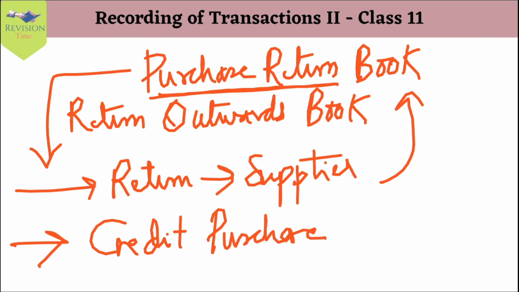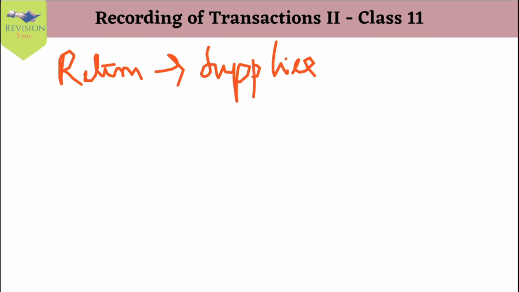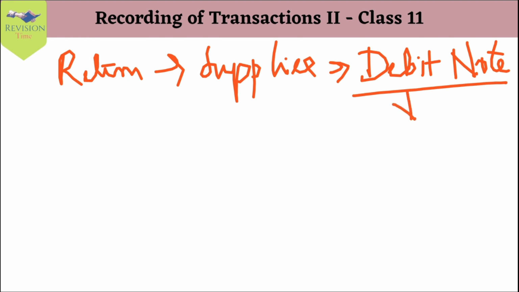Return of goods purchased on credit can be recorded in our purchase return or return outward book. Another important point is that when we return goods to the supplier, a document called a debit note is issued by the business to the supplier.